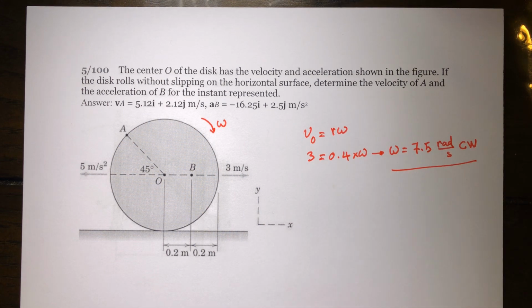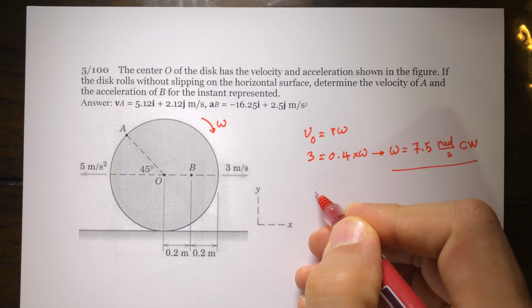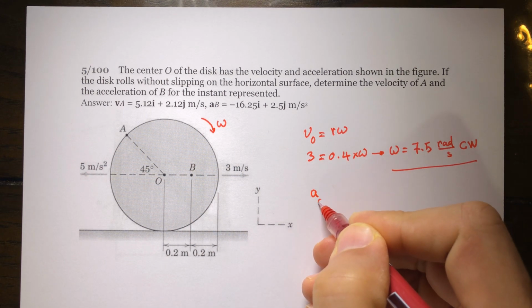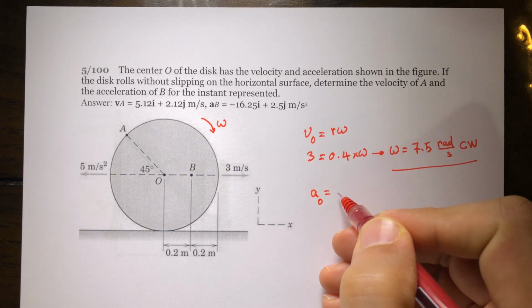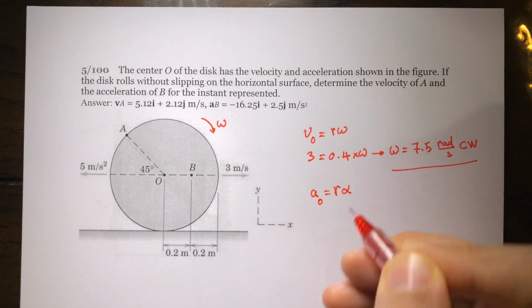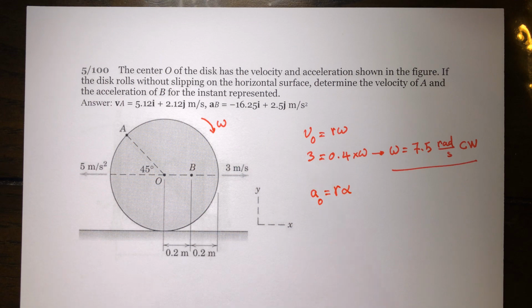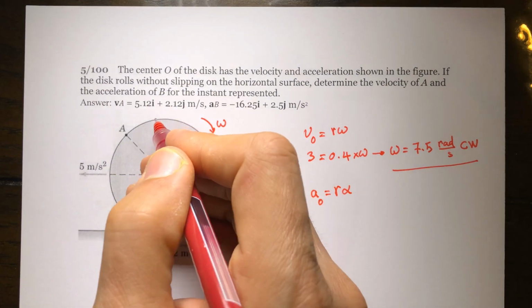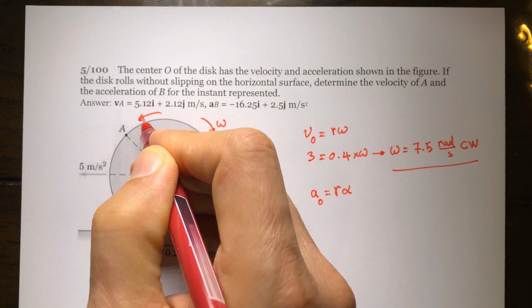Okay, that's omega. And also, in the same way, we proved acceleration of the center is equal to r times alpha of the disk. So because acceleration is to the left, alpha of the disk is going to be in this direction, right?